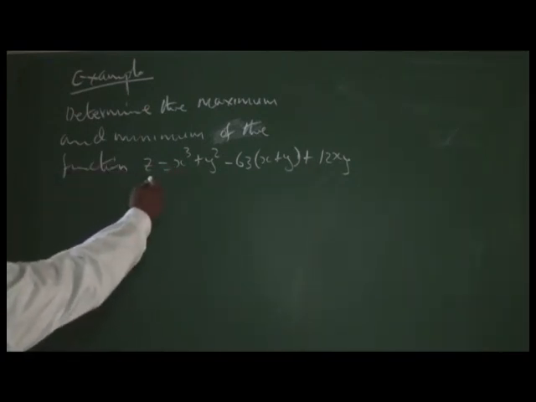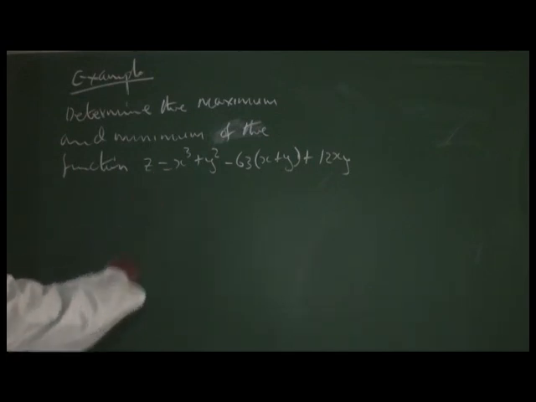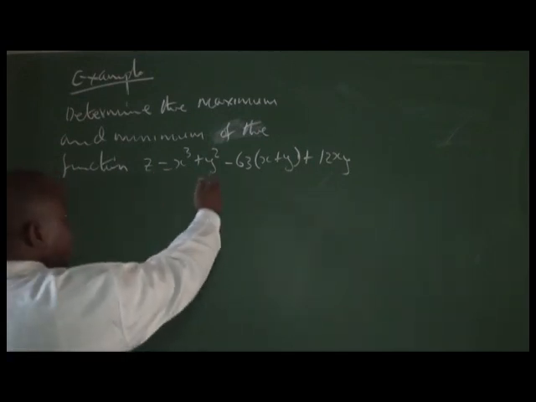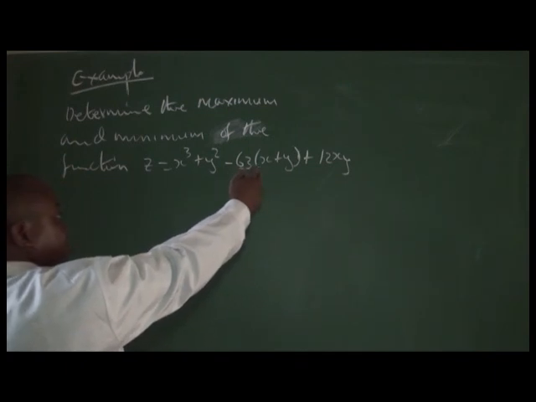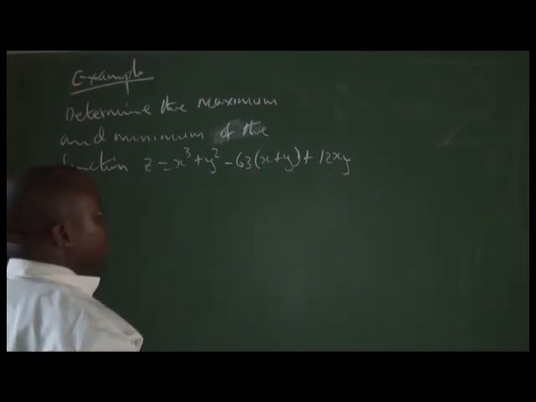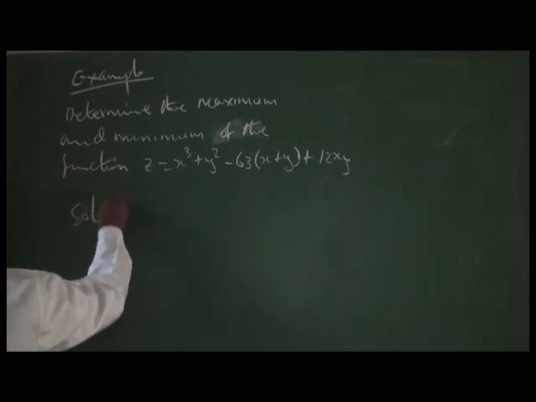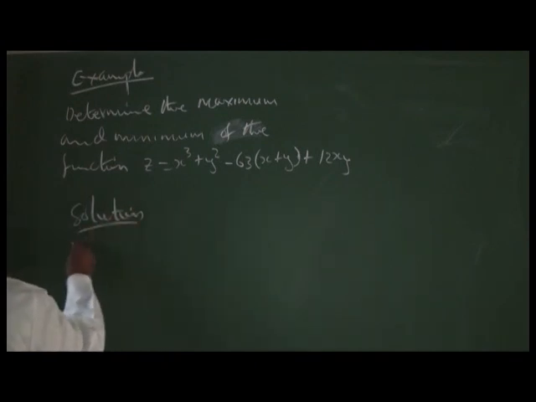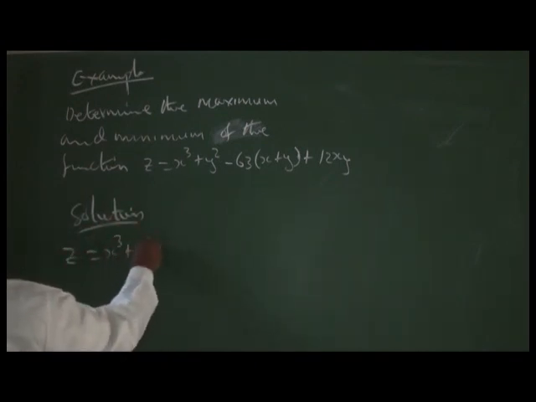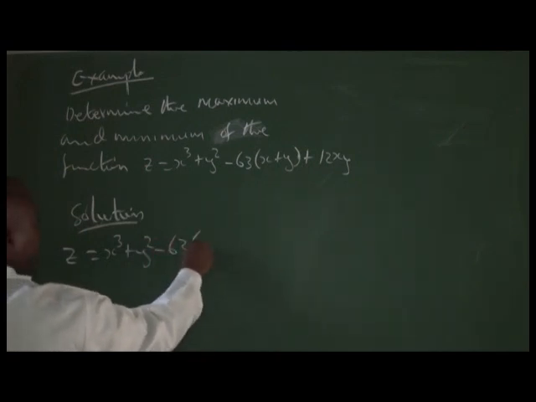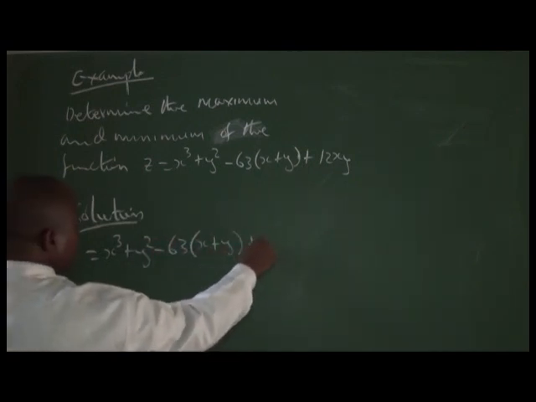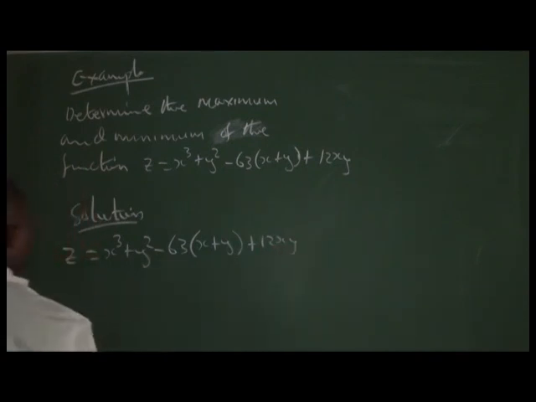Determine the maximum and minimum of the function Z equals x cubed plus y cubed minus 63 times x plus y plus 12xy. Right, so the solution is in this form. I have that Z equals x cubed plus y cubed minus 63x plus y plus 12xy.